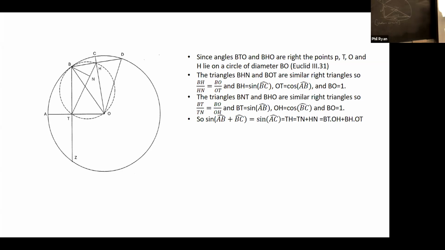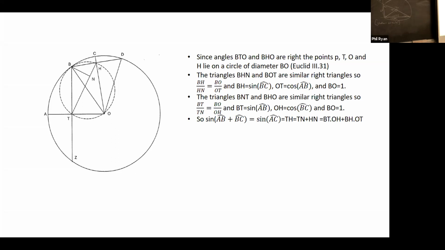And so from these definitions here, you can come up with expressions for TN and HN. These things go here in terms of sine and cosine. And so TH is equal to TN plus NH.